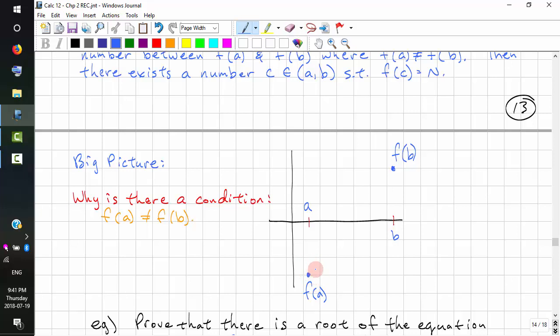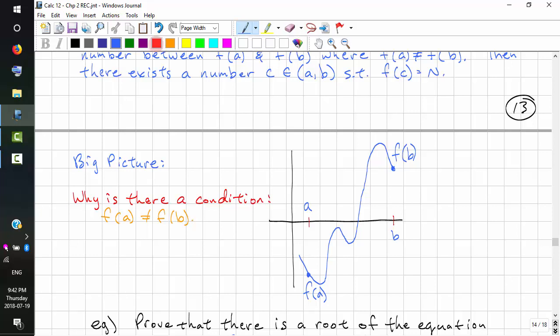So we can't lift our pen. There are no jump discontinuities, no discontinuities of any kind. We can draw it below f of A, come up, come down, go up, go above f of B, come down. It says nothing about if it's lower or higher. We only care about what's in between.